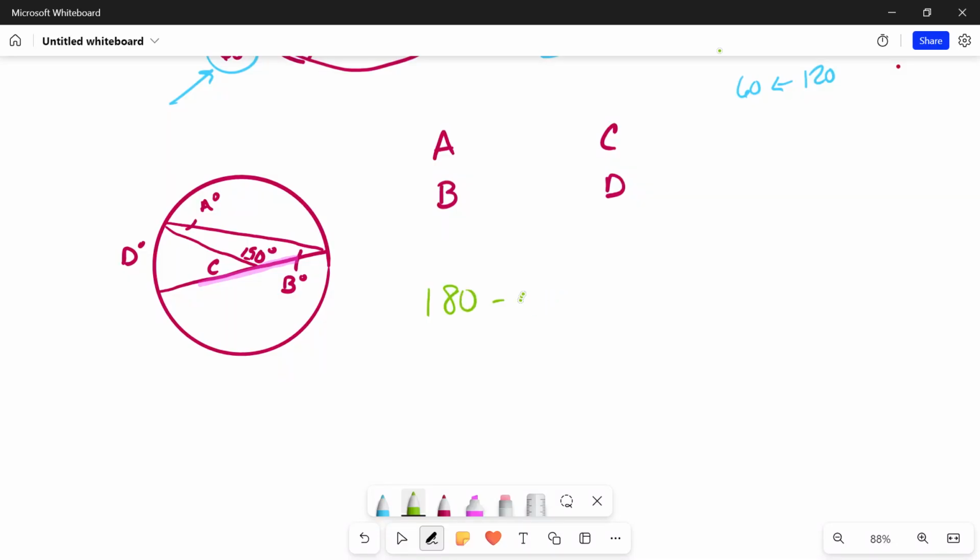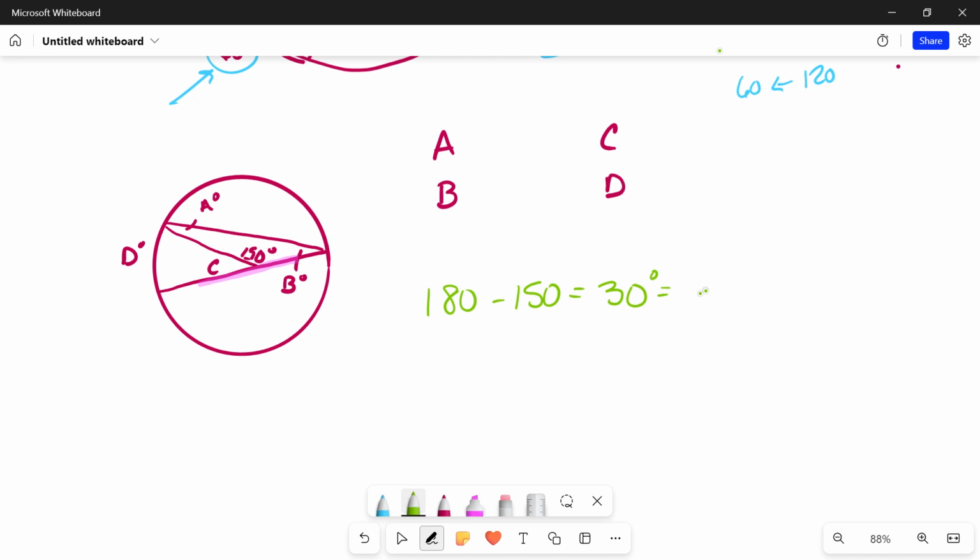I know that the one angle is 150 degrees, so that's going to leave me 30 degrees for angle C. Good. If angle C is 30 degrees, then D is 30 degrees because angle C is a central angle. We've got that right there at the center. So that arc D is also going to be 30 degrees.